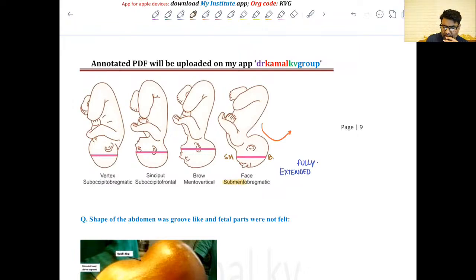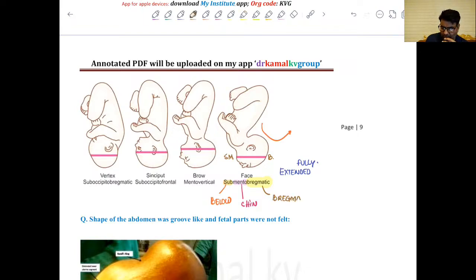Submento. Sub means below. Mento means chin. Okay, so the word mento is chin. And bregmatic is actually bregma, or what you say anterior fontanelle. So this is bregma.